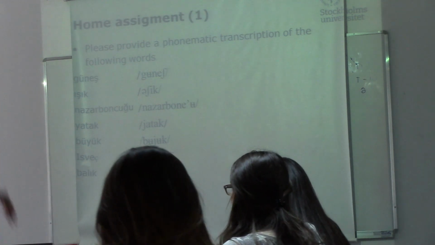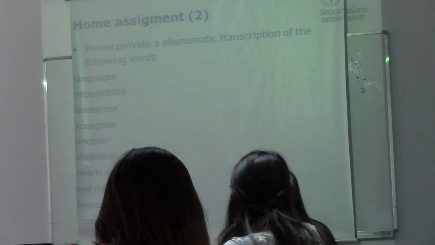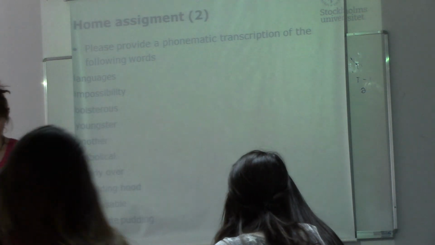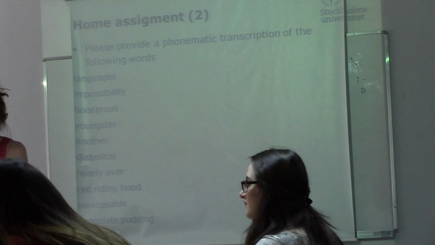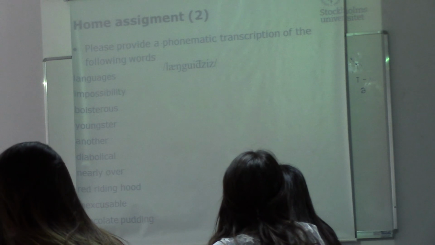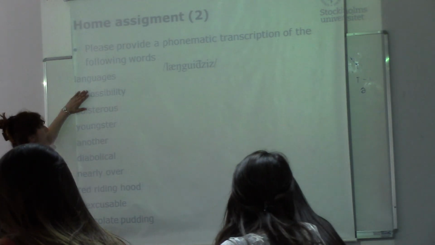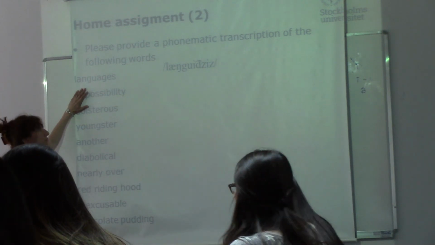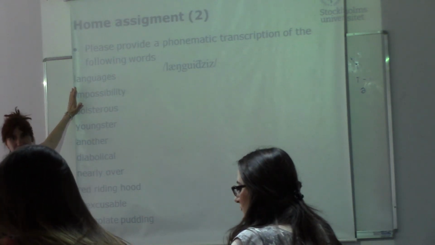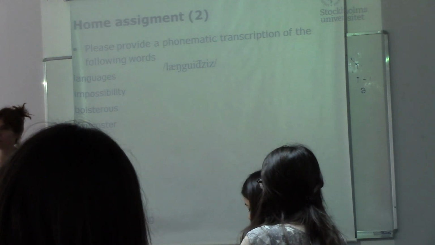Okay, the Turkish words were supposed to be easy. Now some of the English words are trickier. If we start with languages, English spelling is notoriously bad, right? What we need to remember when we transcribe is that spelling could be anything, and we shoot to represent sounds.